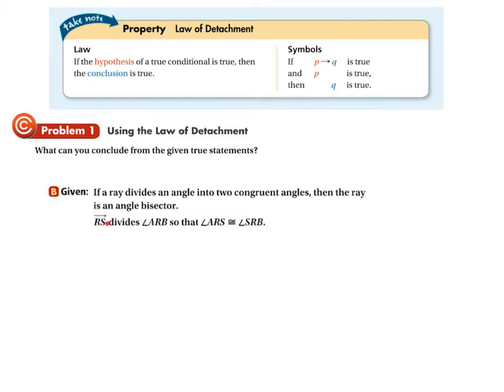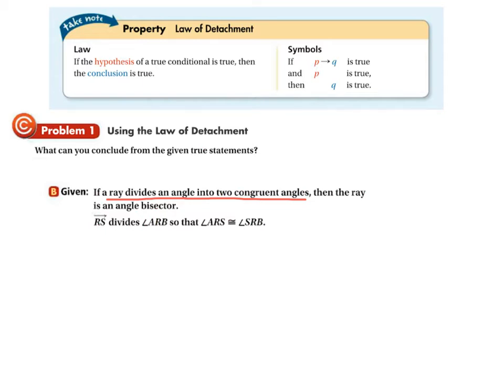Now it says ray RS divides angle ARB so that angle ARS, going from A to the vertex R and up to S, is congruent to from S down to the vertex R and up to B. So because it's split into two smaller congruent angles, then we do meet these conditions where the ray divides the angle into two congruent angles.